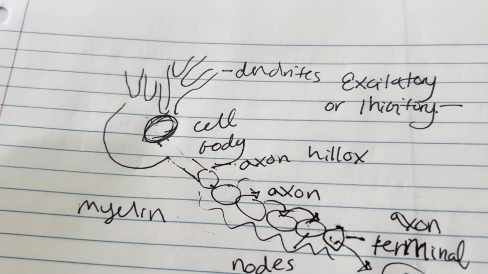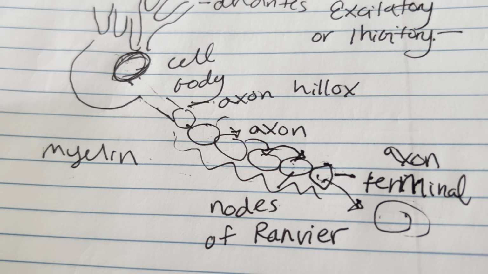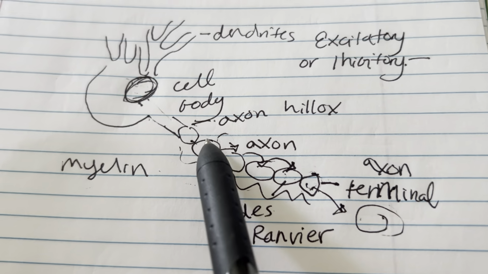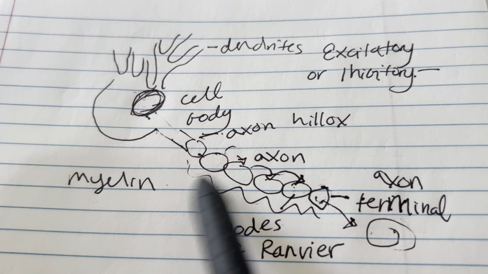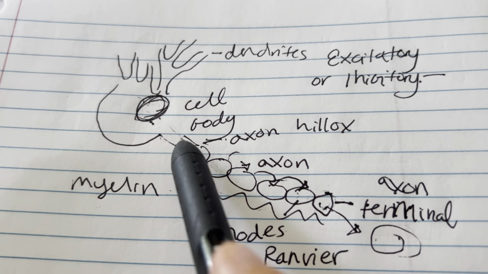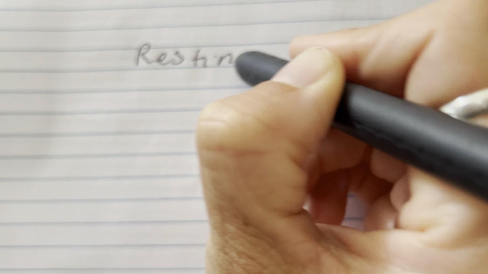Now, the axon hillock is the origination point of the axon. This is basically where all the electrical impulses are kind of processed, and the neuron decides whether or not this information is going to be carried down. So as noted, each neuron has a resting membrane potential.